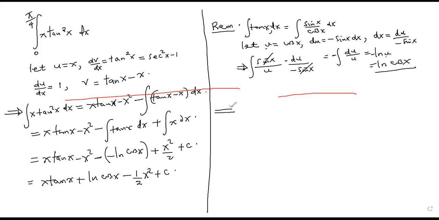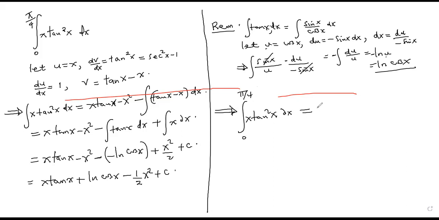After getting this value, we are going to put the limits from 0 to pi over 4. So our integral of x tan squared x dx is going to be equal to, of course, we have it as this, so we just plug in the limits.